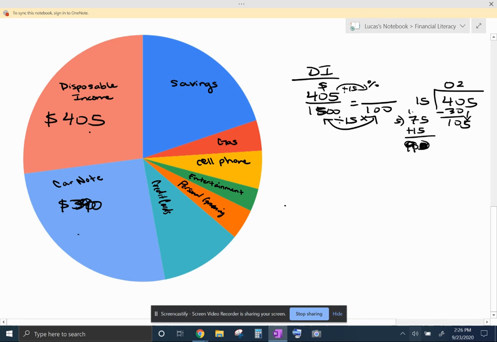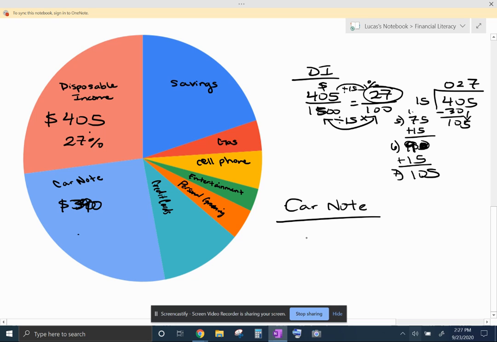So that would be 90. So that's times 6. So times 7 would be plus another 15, which would be 105. So times 7, so it'll be 27% of our budget. So disposable income is 27% of our budget. So I can even put that over here. That'd be 27%. All right, so now let's go to car note.